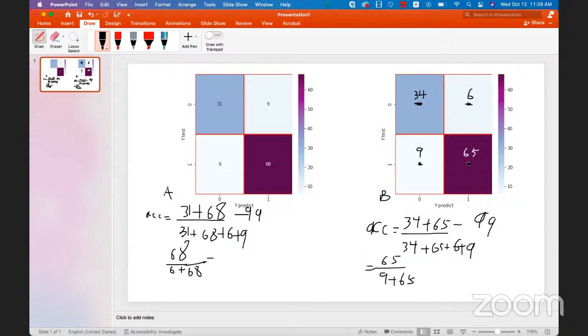So with these scores, this is 68 divided by 74, and this is 65 divided by 74. Which model looks better now? This is called recall, okay? This is called the recall score.